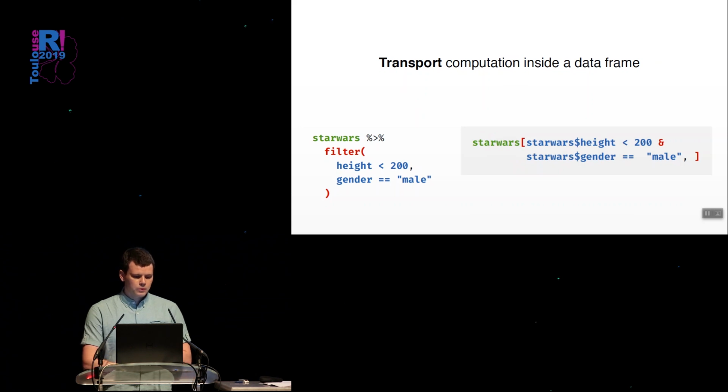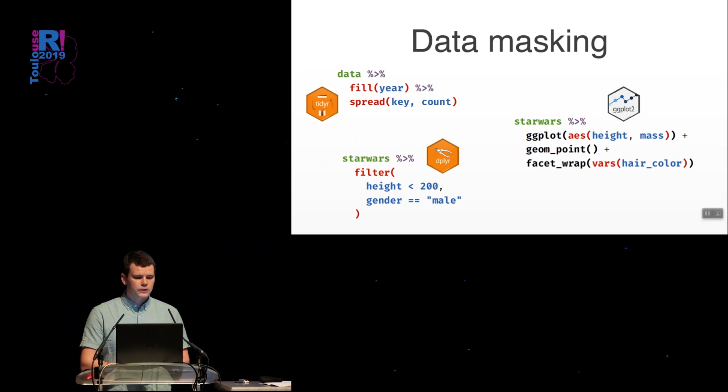But what we mostly do with dplyr is transport the computation inside a data frame, which means that you can use the data frame columns directly instead of having to be specific about it. We call this data masking.